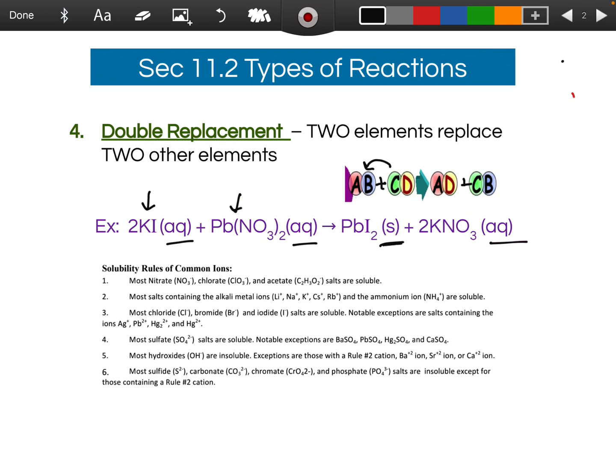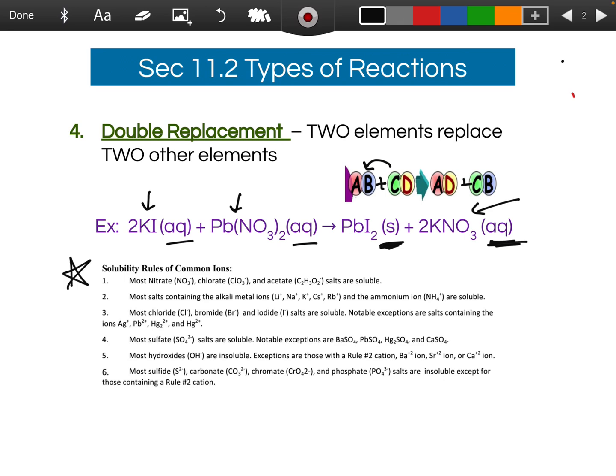When that happens, you get this solid and another aqueous solution. So this is actually happening in the reaction, but since it's aqueous, it's not anything that you see. So the lead iodide is the product that you would actually see because it's the solid. So here's how you figure out which one of those products is the solid and which one would be aqueous. You have to use the solubility rules.